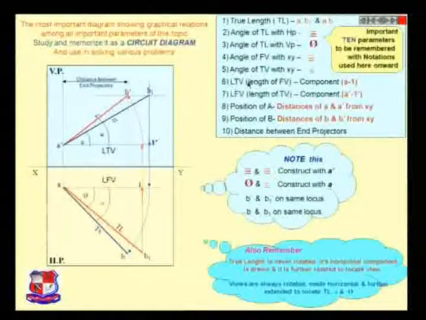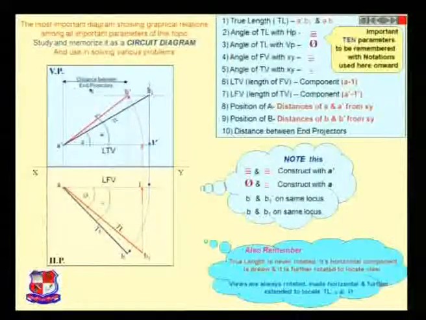Next one is the length of the front view, the length of this A dash B dash and the length of this AB. In some problems you might be given the length of the front view and the top view, and in some problems you might have to find out these lengths. As well as we need the distance between two projectors.